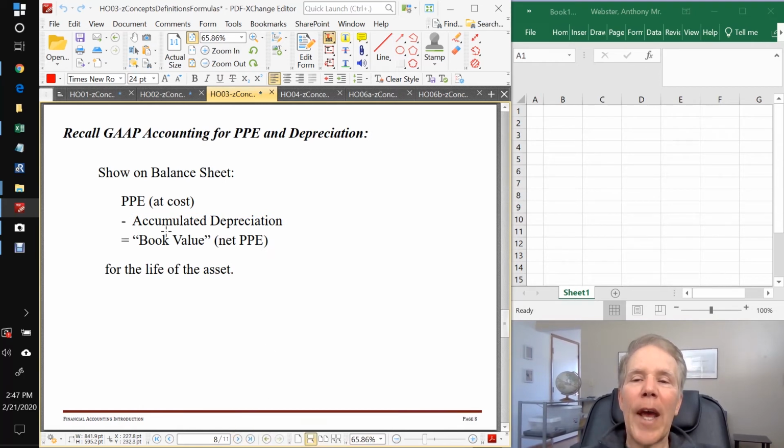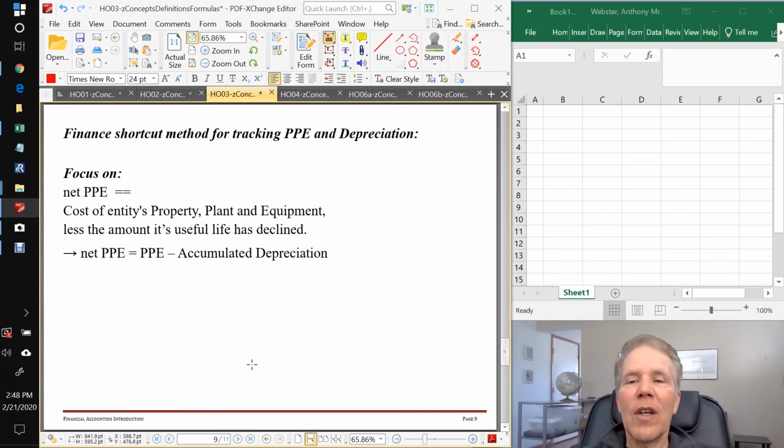Okay, so the old GAAP method on a balance sheet, you'd see total PPE at cost minus accumulated depreciation equals book value, and that book value is net PPE. Okay, and all we're going to do is just work directly with net PPE and not worry about these other two things. So it's definitely simpler.